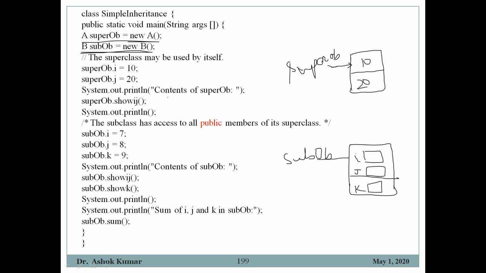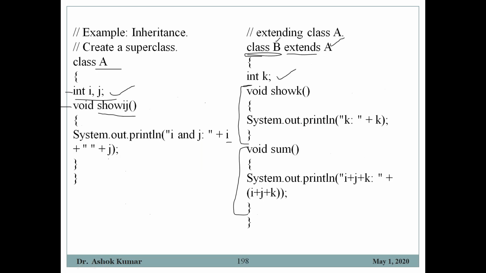After that, the next line will print the message, contents of super ob. So we are calling the show ij method with the super ob object, the object of the superclass.